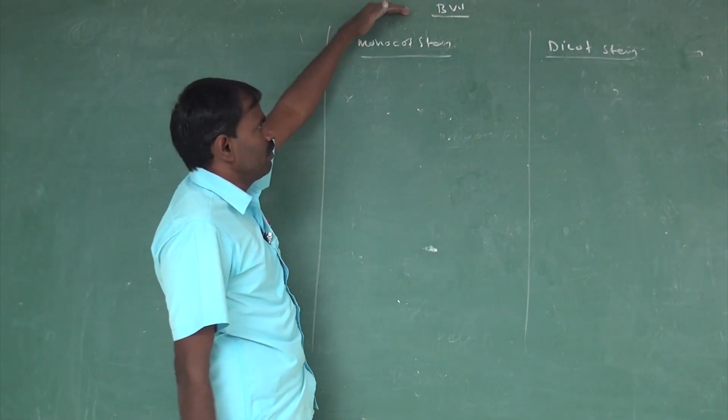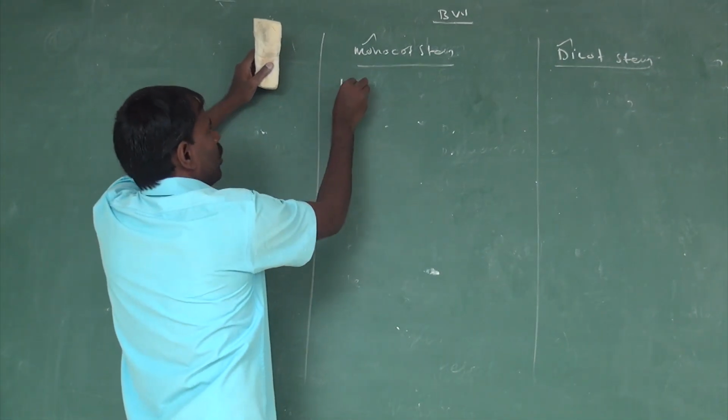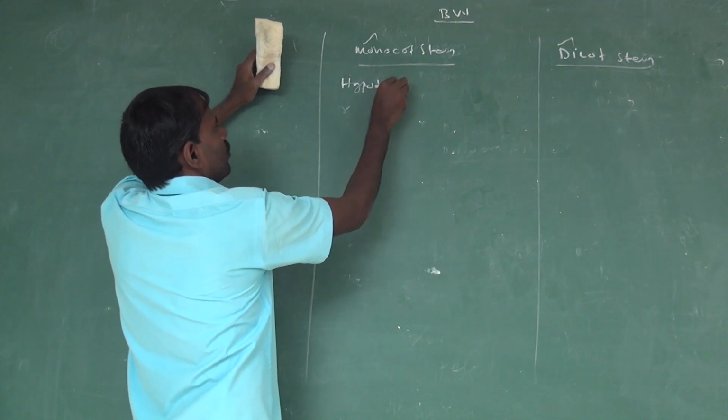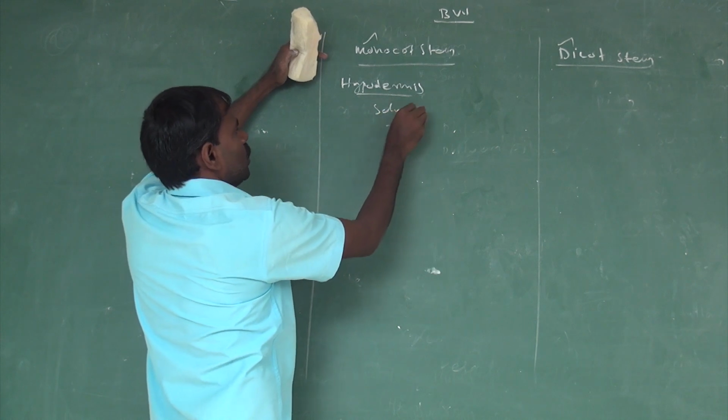Next, what are the differences between the monocot stem and the dicot stem? The first one is the hypodermis. In the monocot stem, the hypodermis is made up of sclerenchyma tissue.